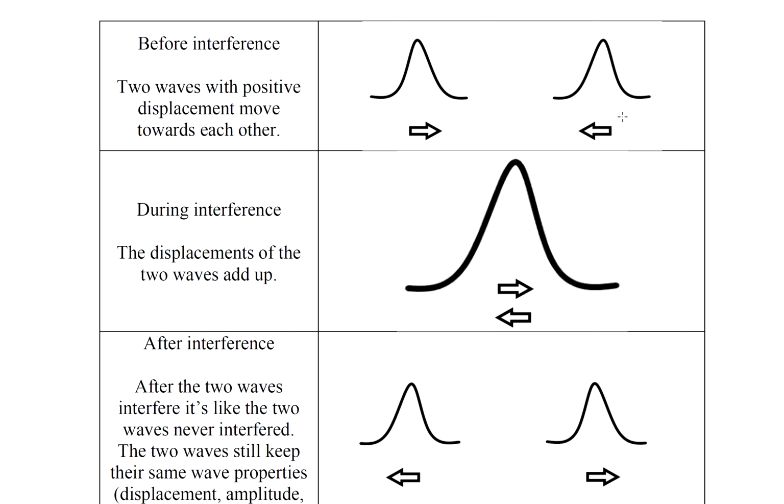And on the top image there's a wave going to the left, and on the bottom image there's the same wave going to the left. And after the 2 waves interfered with each other, once they passed each other, it's like they had their original properties.